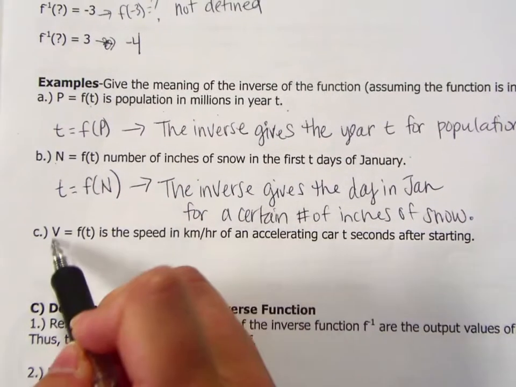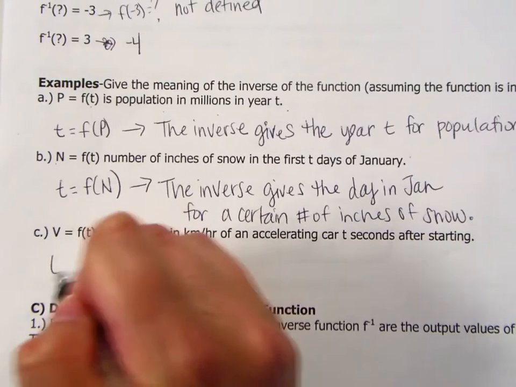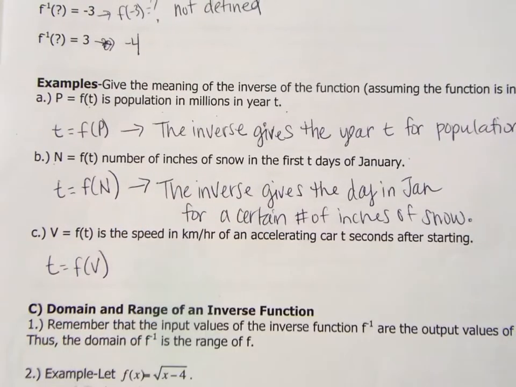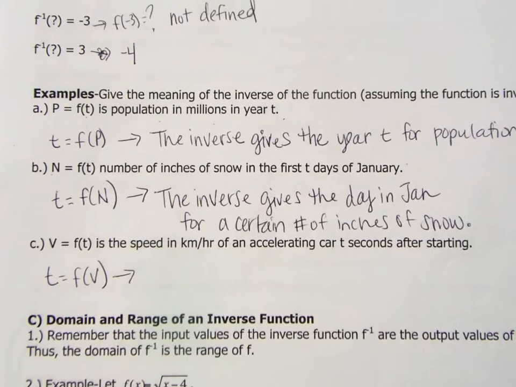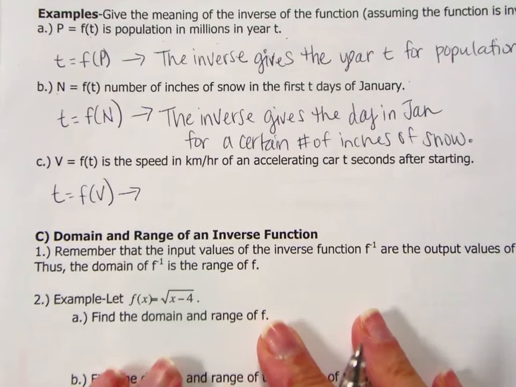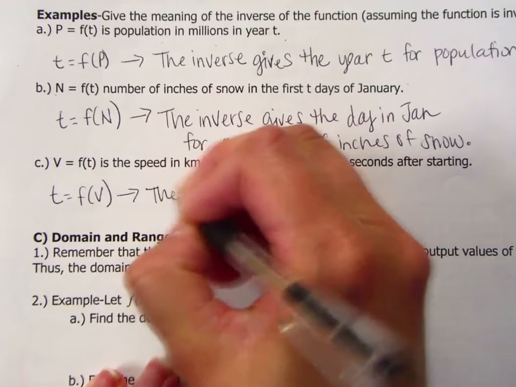And then finally, if we think about the inverse of the last one, T equals F of V. Mike, what is the meaning of this inverse? The inverse gives the time after starting to assist.